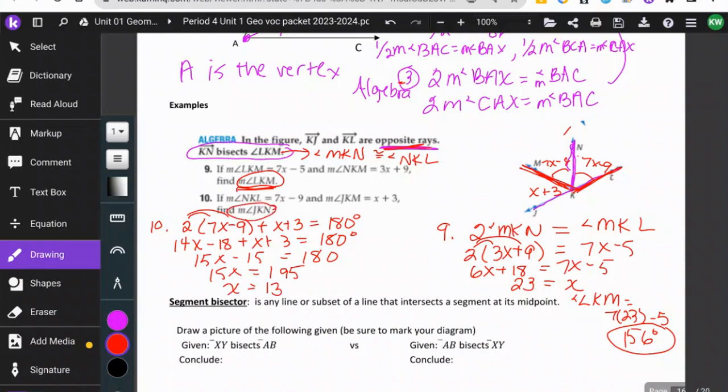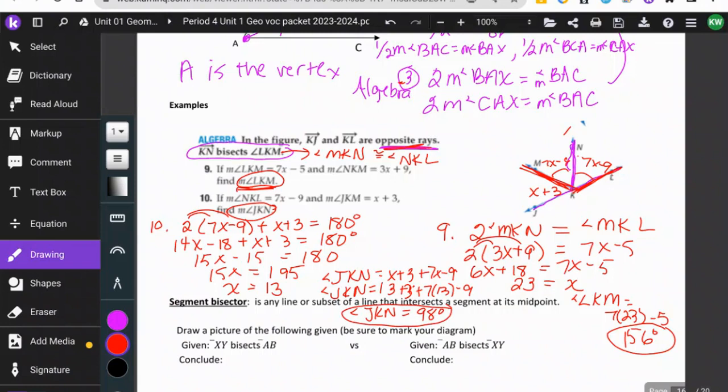If I look at my picture, JKN is equal to x plus 3 plus 7x minus 9. Plug in your 13: JKN is equal to 13 plus 3 plus 7 times 13 minus 9. So JKN, sorry, I ran out of space here, is equal to 98 degrees.